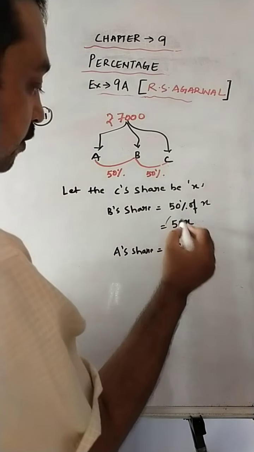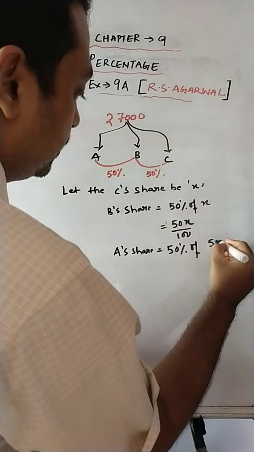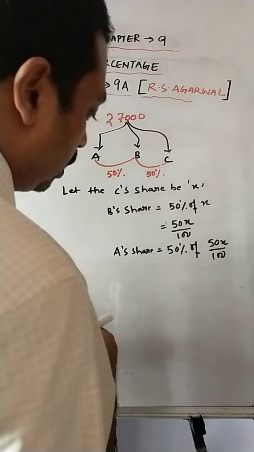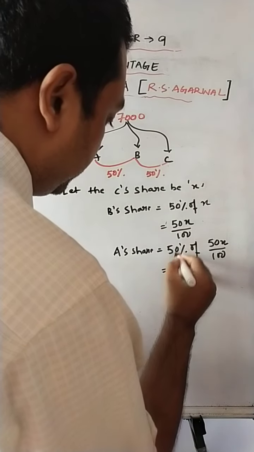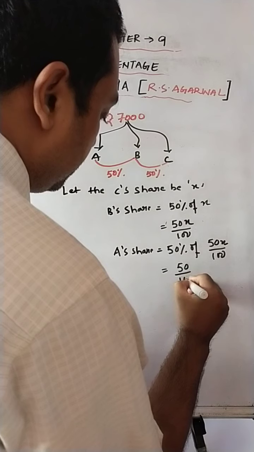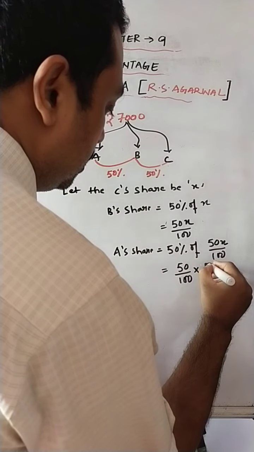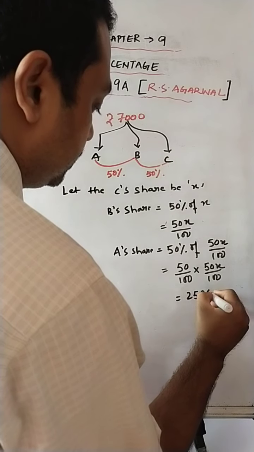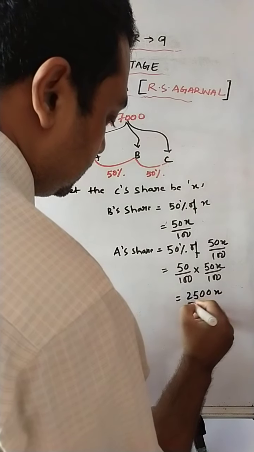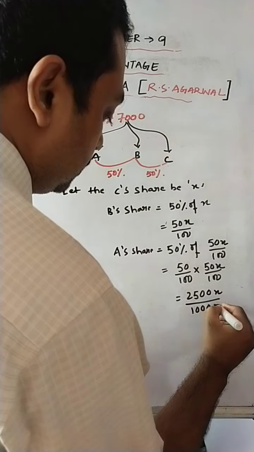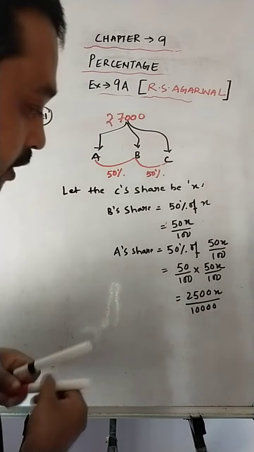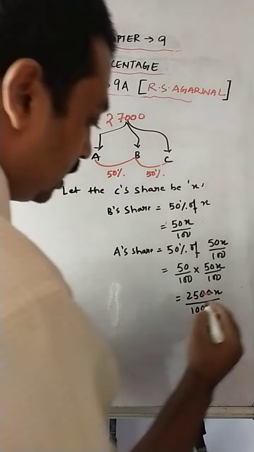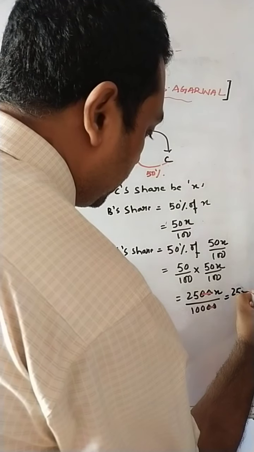What is B's share? 50x by 100. If you solve it, you'll get 50 by 100 into 50x by 100. So that would be 2500x by 10,000. Now we'll reduce these two zeros. So A's share would be 25x by 100.